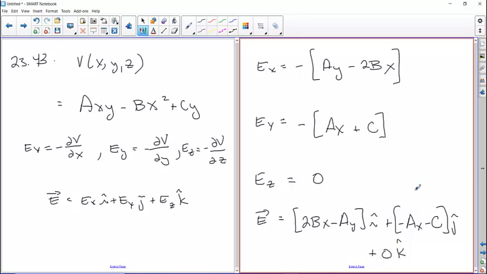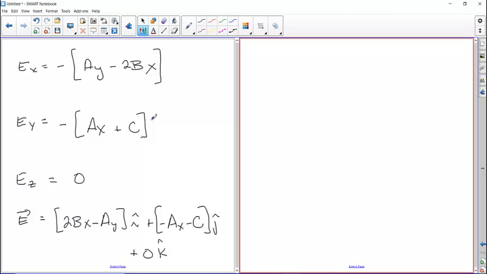So that's the electric field vector. Now the second part of the question asks what are the values of x and y where the electric field is 0. The z direction doesn't make any difference. So all we have to do is set these components equal to 0.